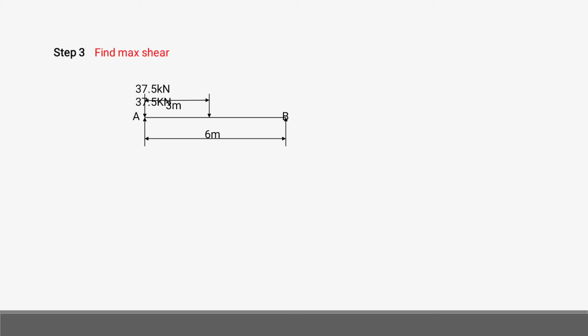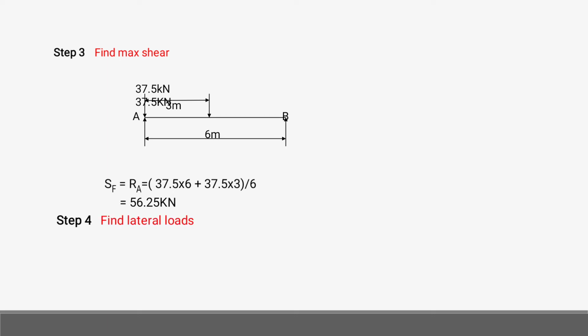Find maximum shear. See the diagram. Shear force R is equal to 37.5 into 6 meter plus 37.5 into 3 meter divided by 6, the full span length, so 56.25 kilonewton.